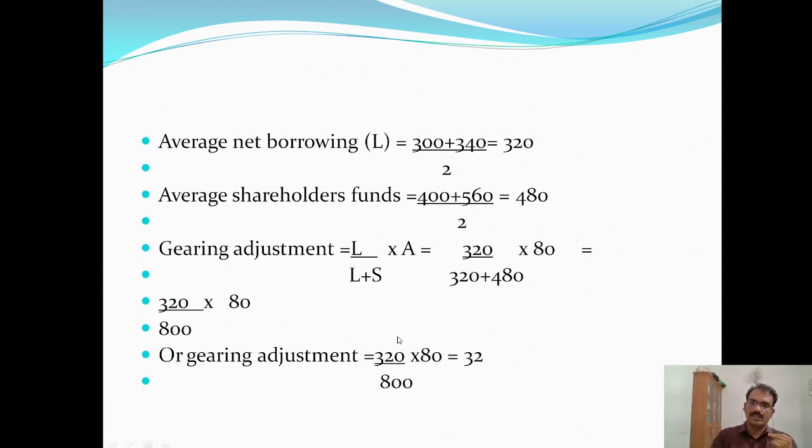Okay, so here L is 320, divided by L 320 plus S 480, into A. A given in the question is 80. So 320 divided by 800 into 80. So gearing adjustment is equal to 32. Okay, thank you.